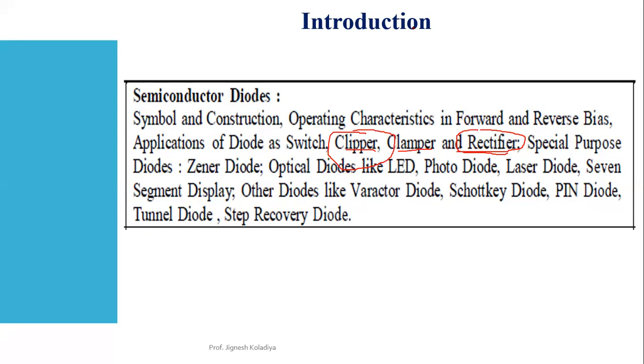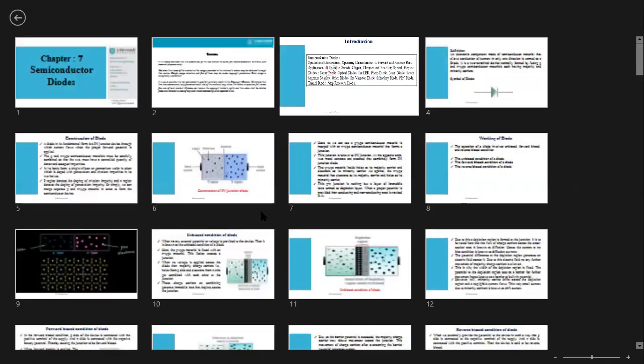Now today we are going to discuss the special purpose diodes. As you can see over here, several different types of diodes are mentioned. Previously these applications were based on the PN junction diode only. Today we are going to see Zener diode, LED, and photodiode.